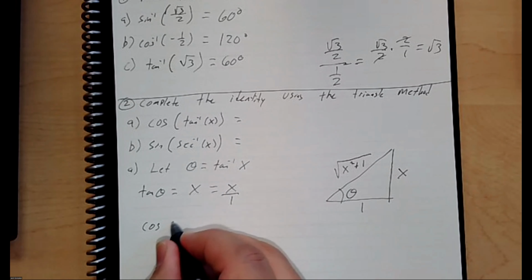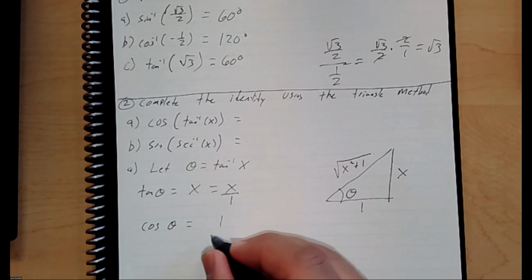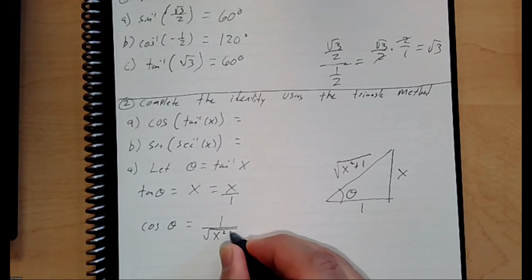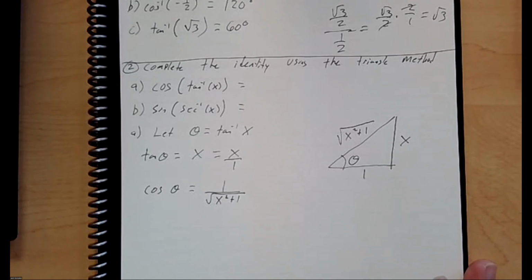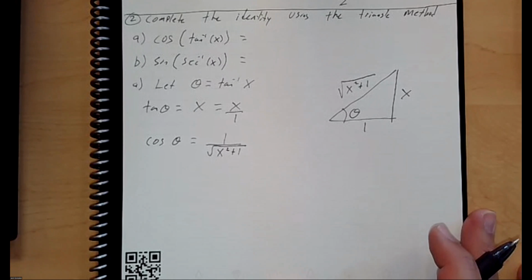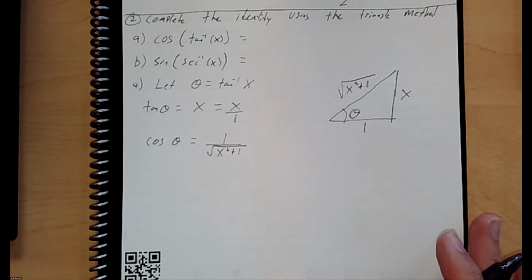So cosine theta. What is cosine going to be? Yeah, 1 over the square root of x squared plus 1. Any questions on part A? Is that okay?